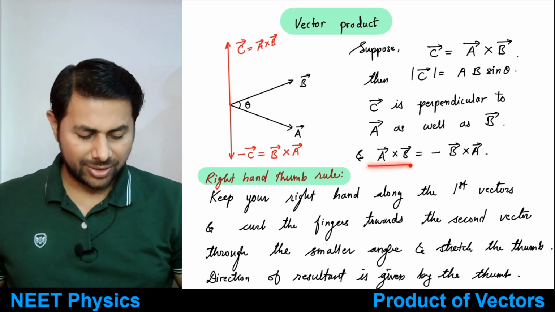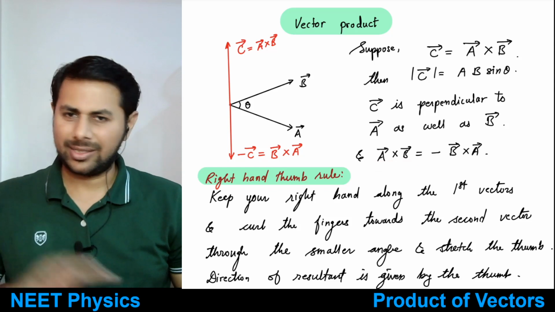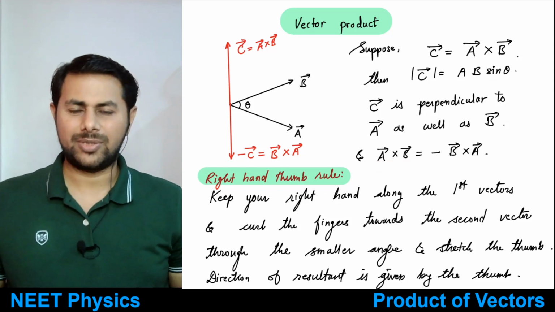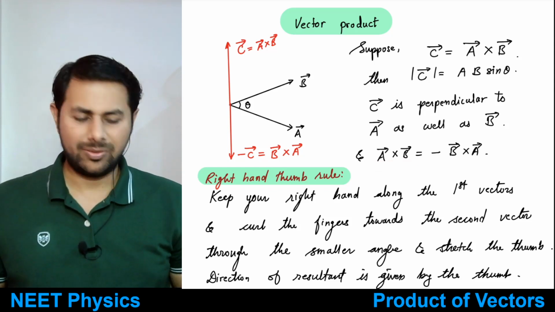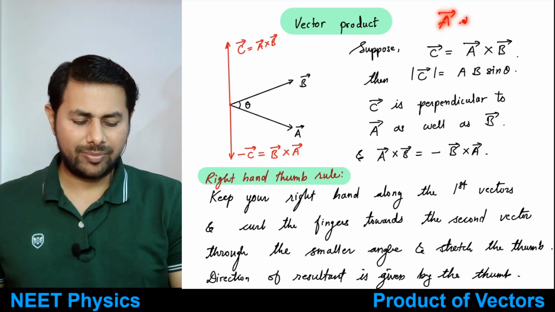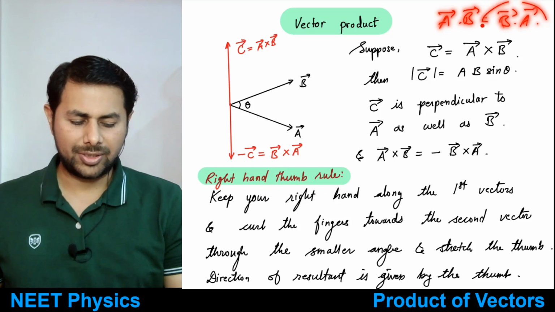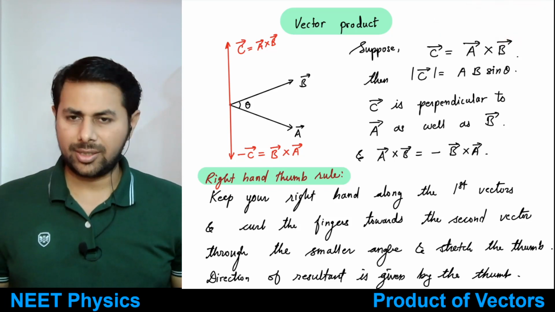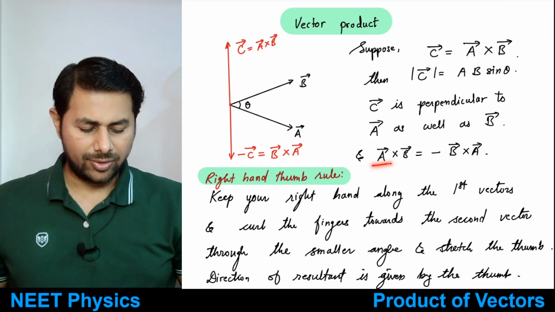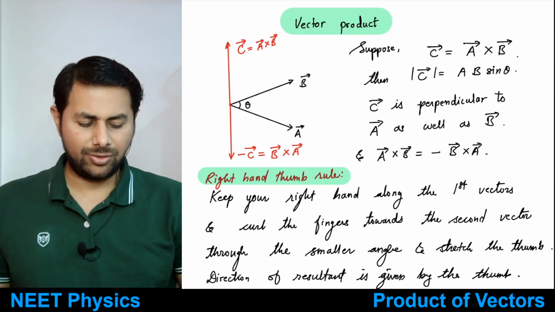So A bar cross B bar and B bar cross A bar are not equal. In the case of scalar product, it was equal. A bar dot B bar was equal to B bar dot A bar because it's a scalar quantity. Here it's a vector, so the direction is opposite. Magnitude will be the same.